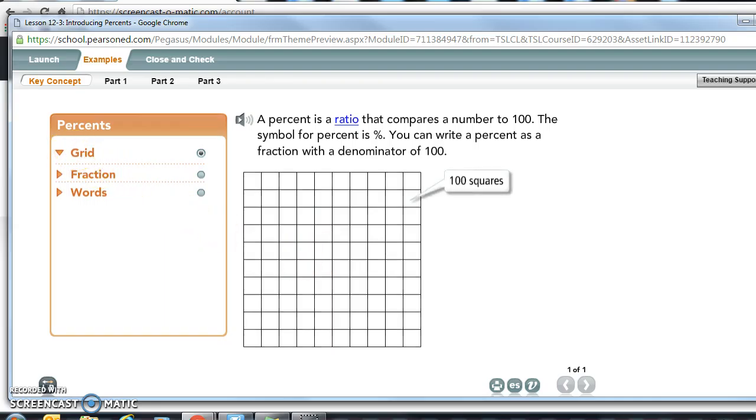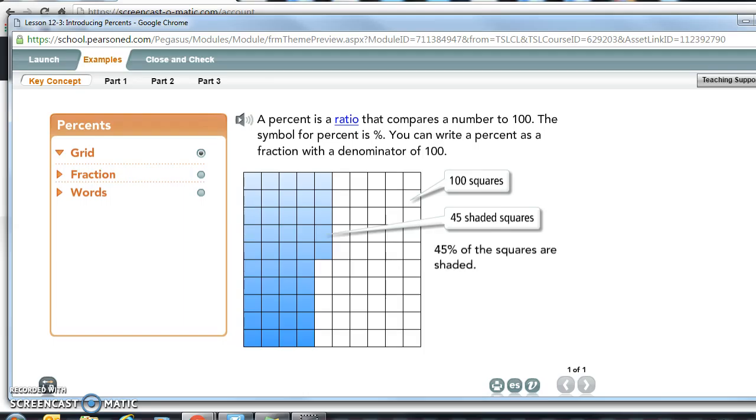This grid has 100 squares. 45 of the 100 squares are shaded. 45% of the squares are shaded.